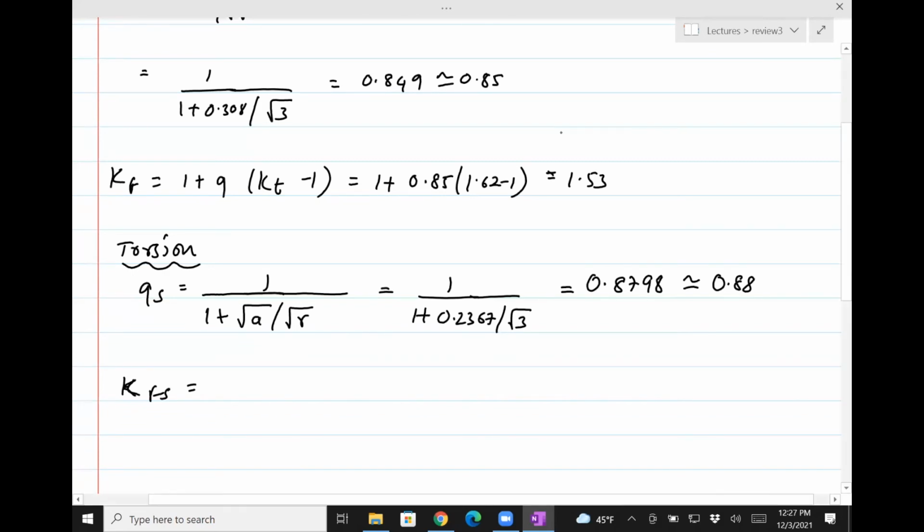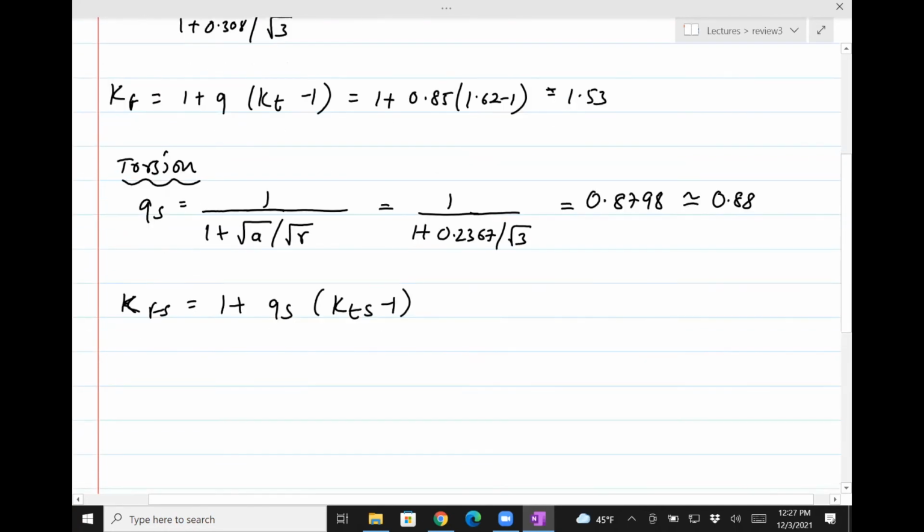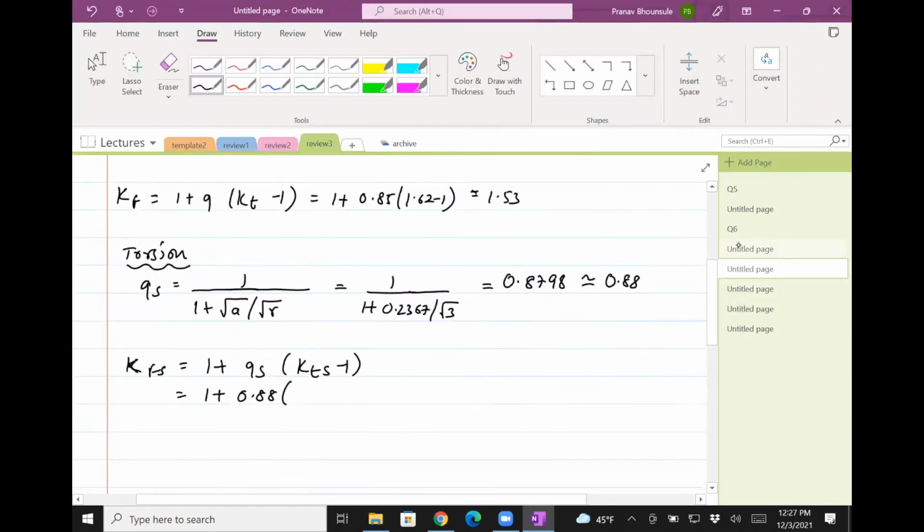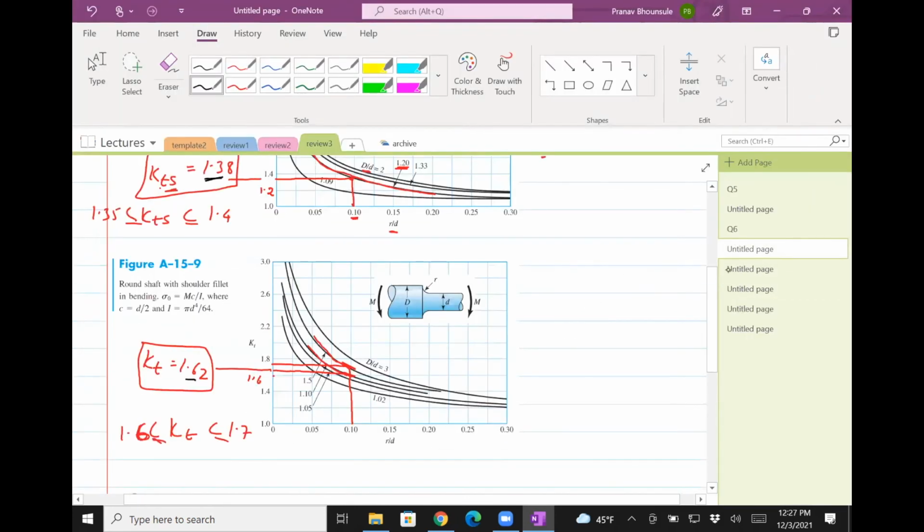So KFS is 1 plus QS times KTS minus 1. QS is 0.88. KTS is, go back, it's right here, 1.38.